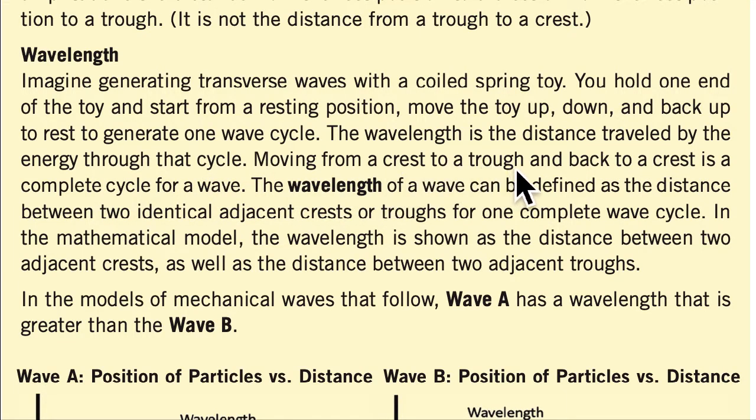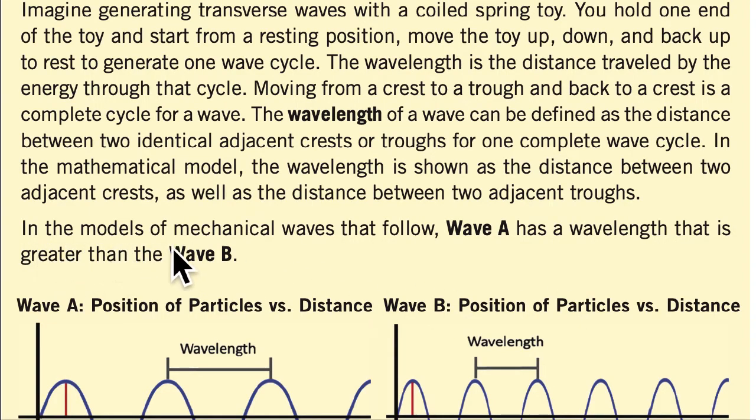Moving from a crest to a trough and back to a crest is a complete cycle for a wave. The wavelength of a wave can be defined as the distance between two identical adjacent crests or troughs for one complete wave cycle. In the mathematical model, the wavelength is shown as the distance between two adjacent crests, as well as the distance between two adjacent troughs.